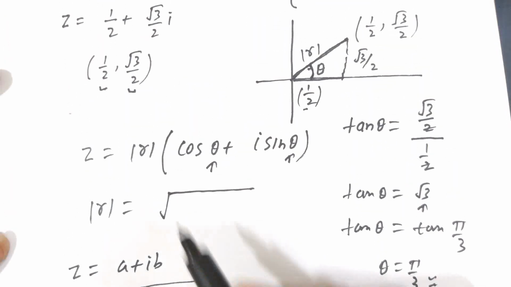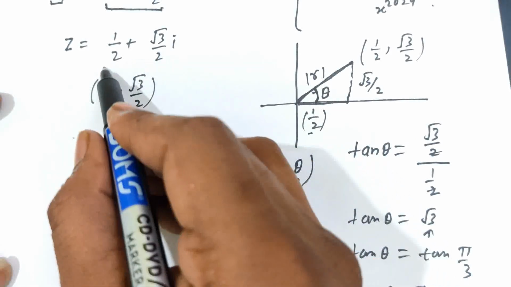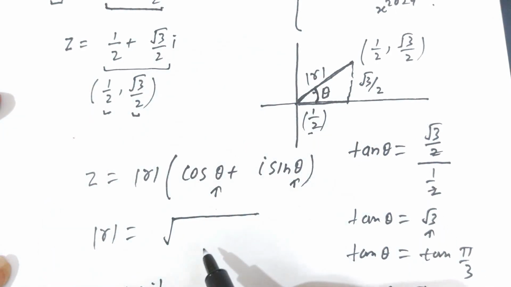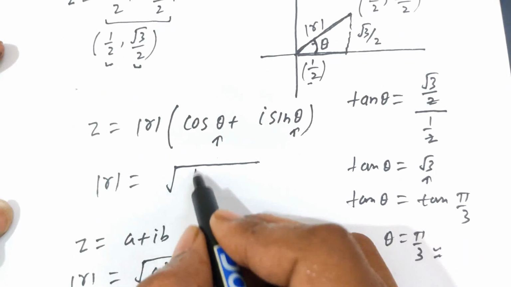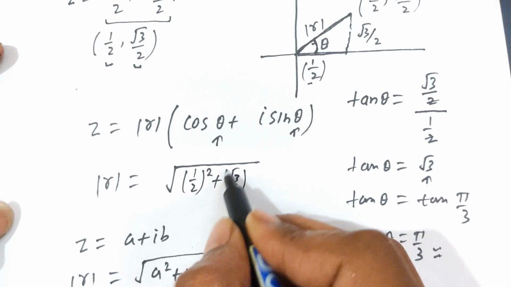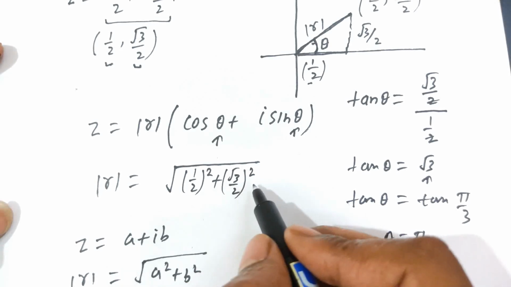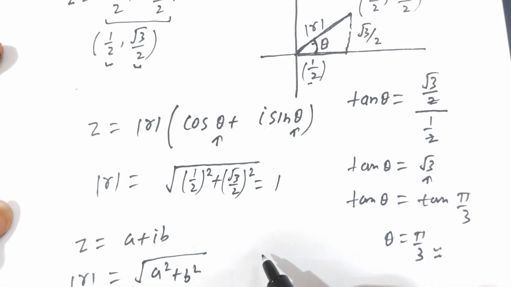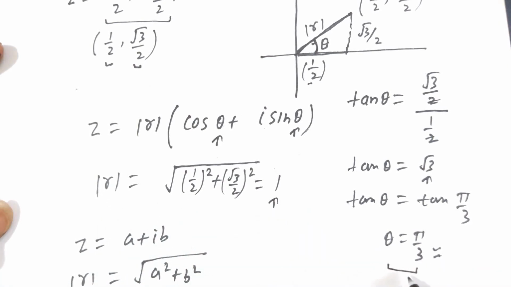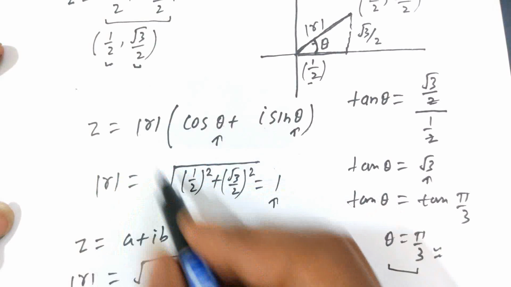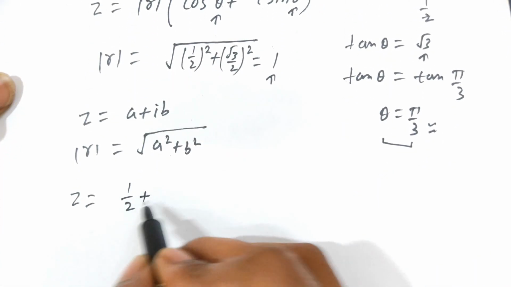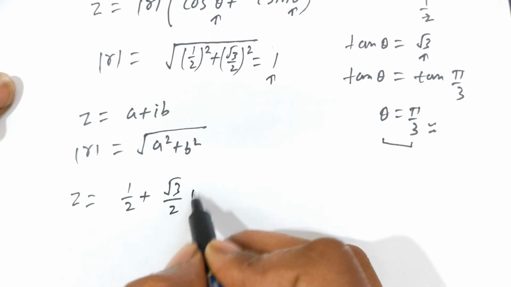So here we have the complex number in this form. The value of a is 1 by 2 and the value of b is square root of 3 by 2. Then 1 by 2 square plus square root of 3 divided by 2 square. If you solve this expression, then you will get 1. So here the modulus r is 1 and the argument is pi by 3. So this complex number z is equal to 1 by 2 plus square root of 3 divided by 2 iota.